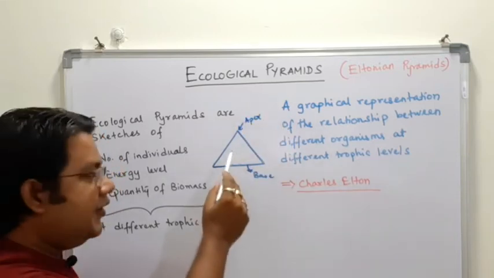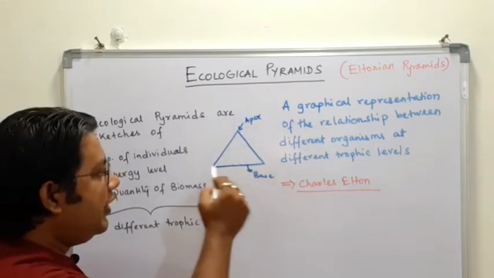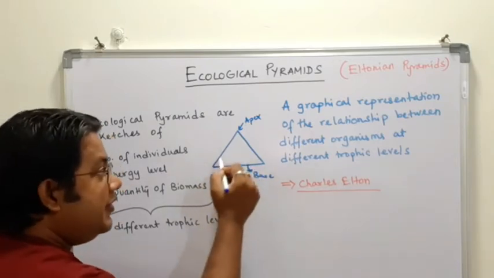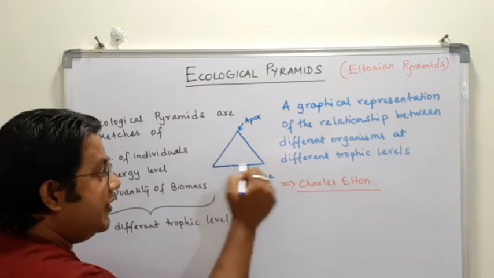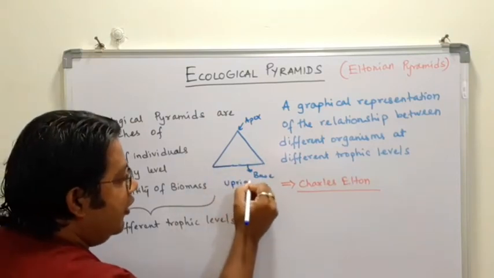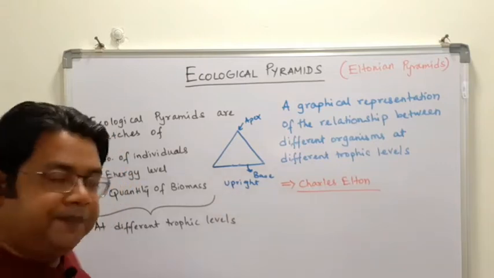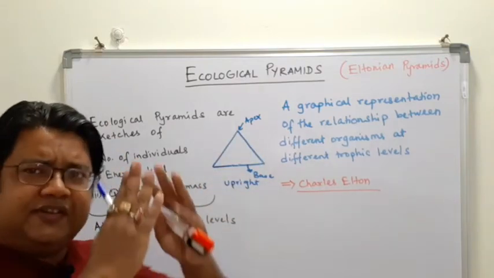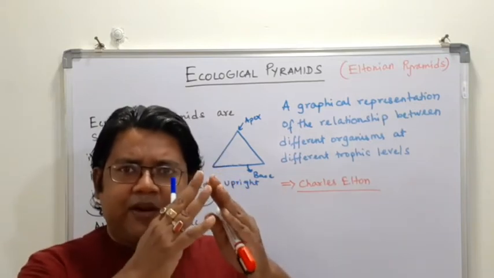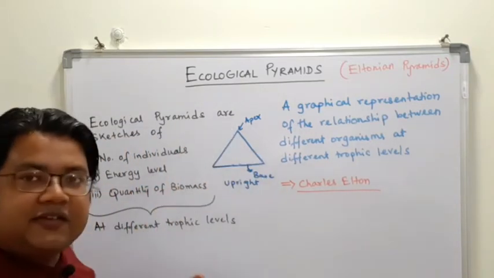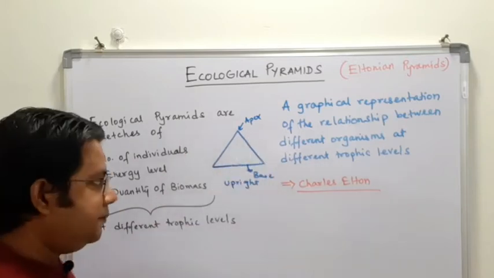So this is just to show you the structure of a pyramid, and this is called an upright pyramid because it is standing. So this is an upright pyramid where the base is broad and the apex is narrow at the top.